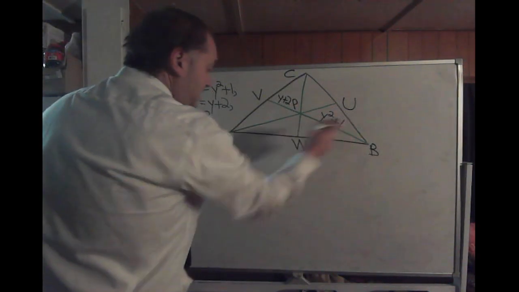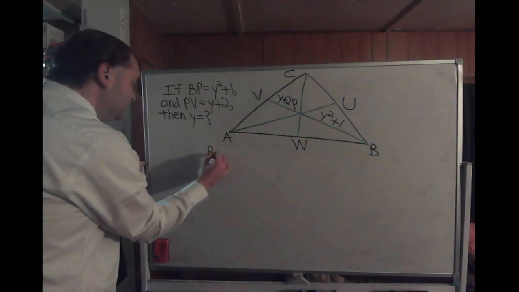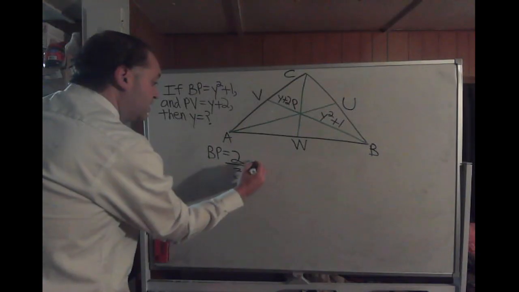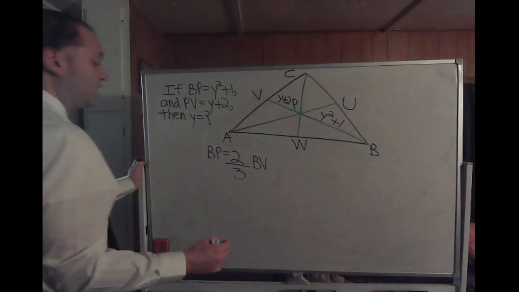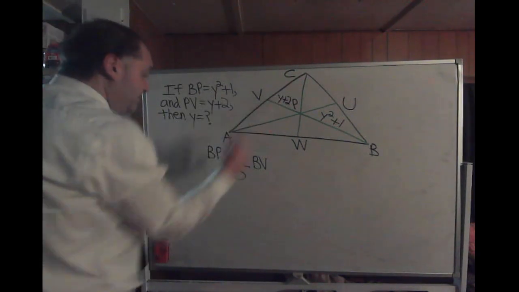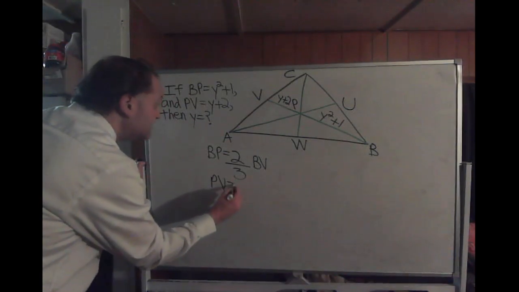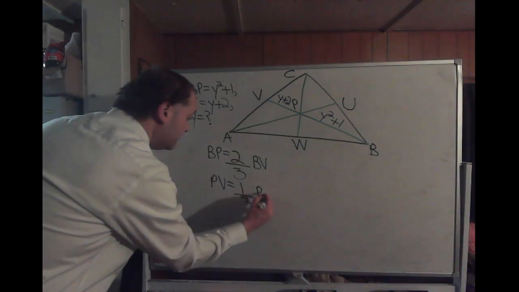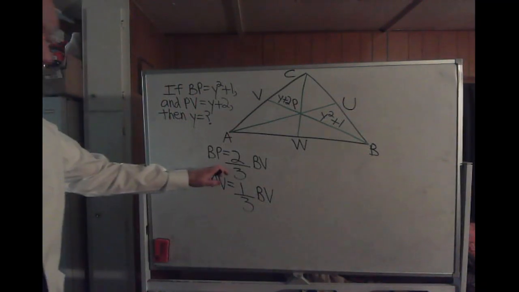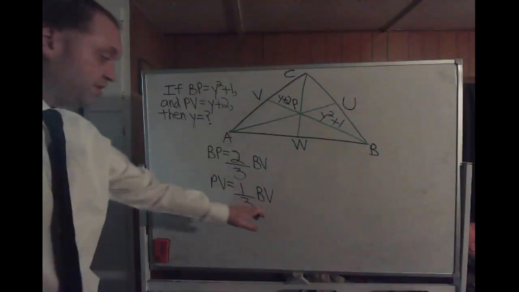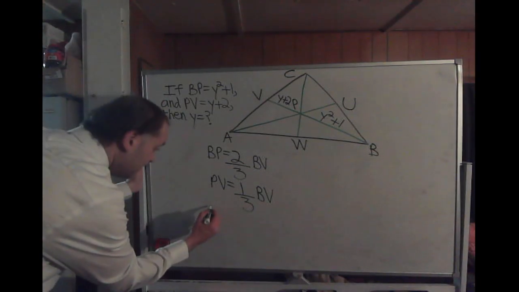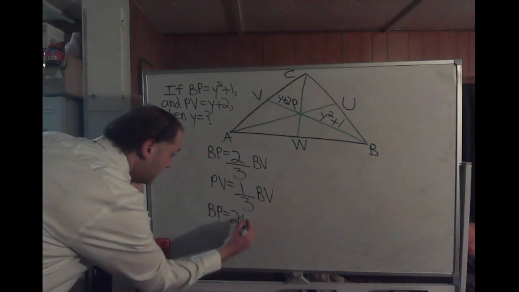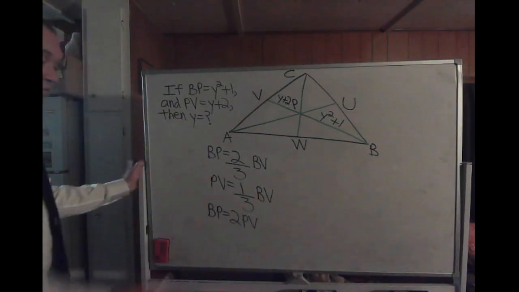That BP is equal to 2/3 of BV, which would have to mean that PV is equal to 1/3 of BV. Well, if BP's 2/3 of BV and PV's 1/3 of BV, that simply means then that BP is equal to twice PV. So BP equals twice PV.